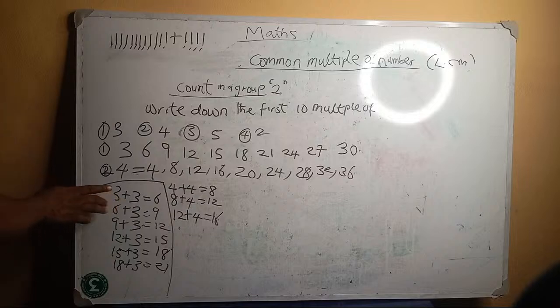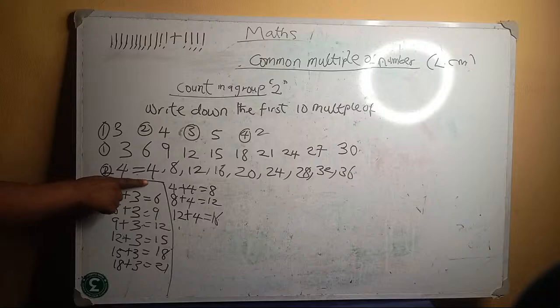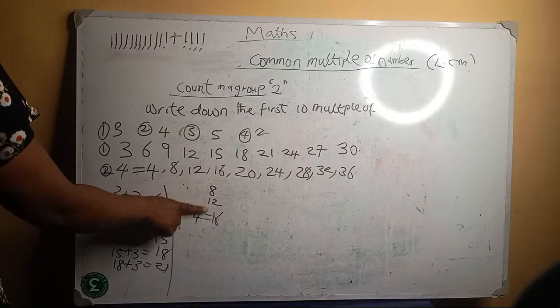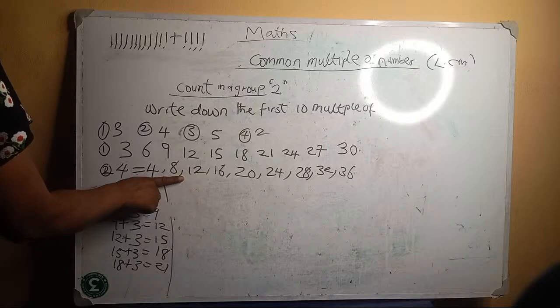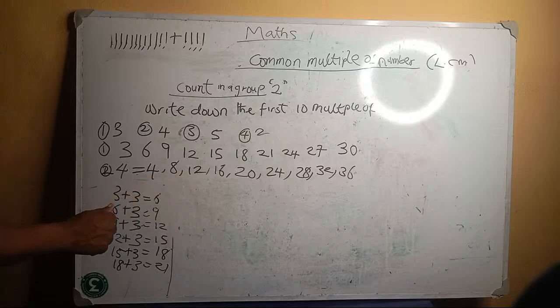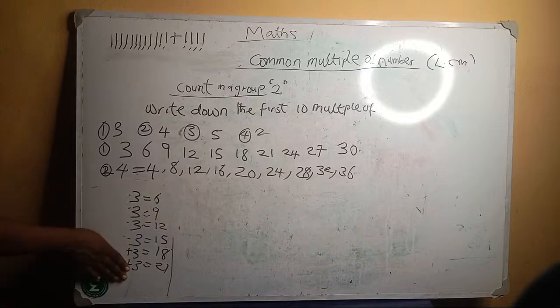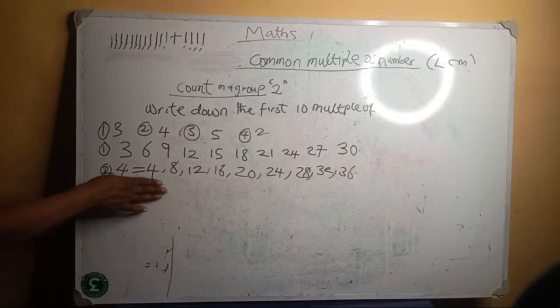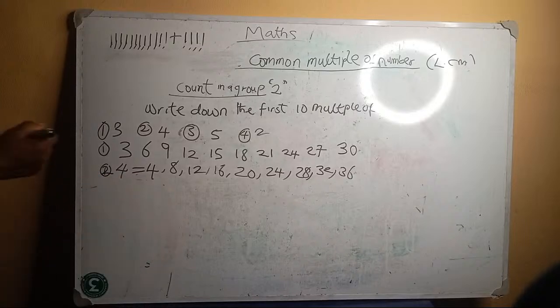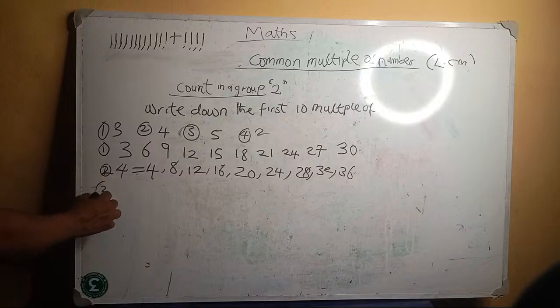So coming here now, this is number 2. We have finished number 2. Then coming to number 3, that is 5, 10, 15, 20. The same thing applies here. Just do it the way you are seeing it on the board.